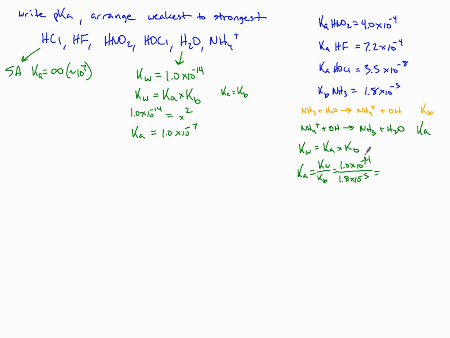This is a 14, not a 4. And we end up with a number that is 5.6 times 10 to the minus 10th. Now we have a Ka. So we've covered this for all of them. Now we're looking for the pKa's for every one of these.